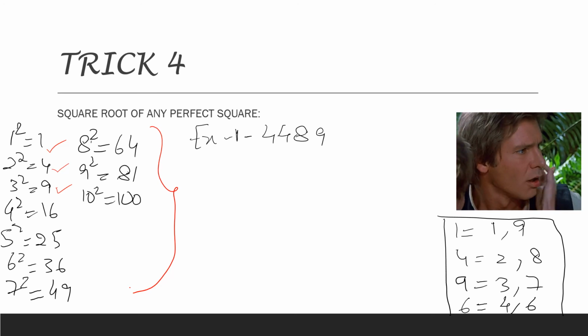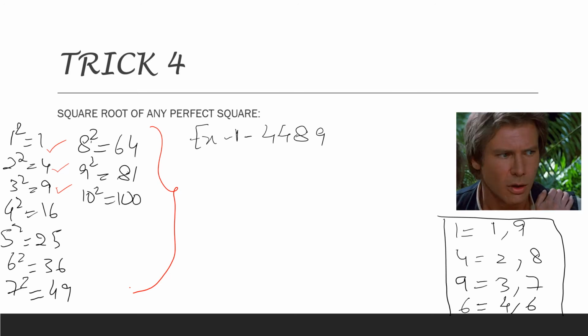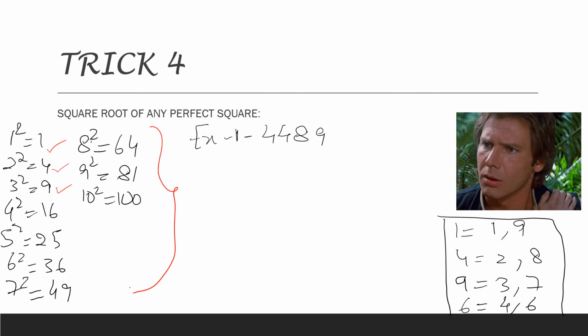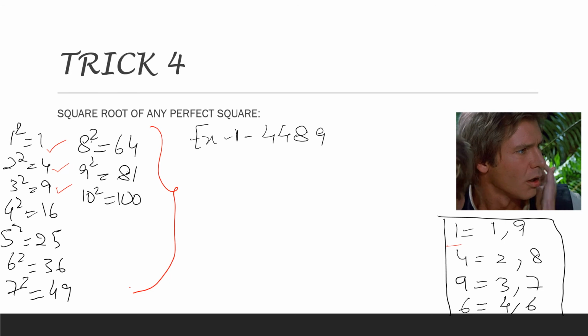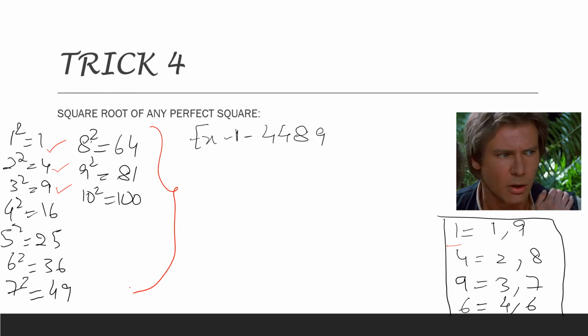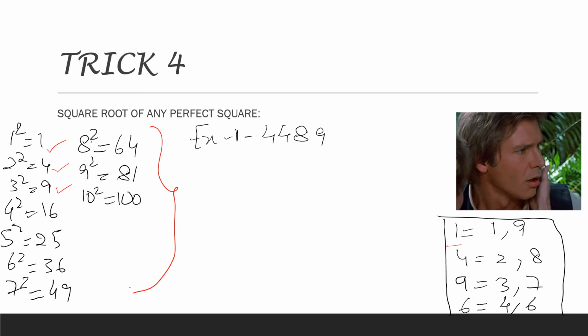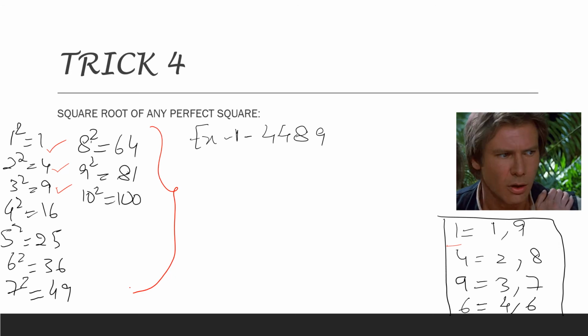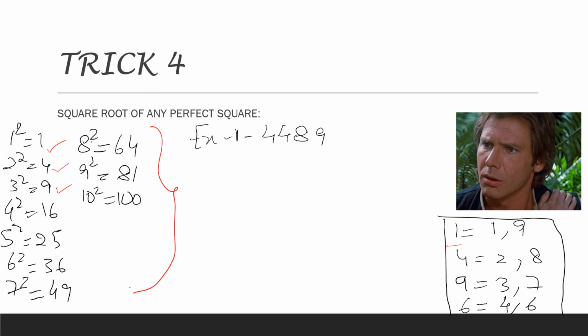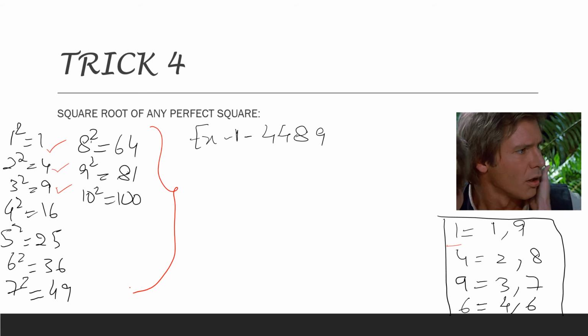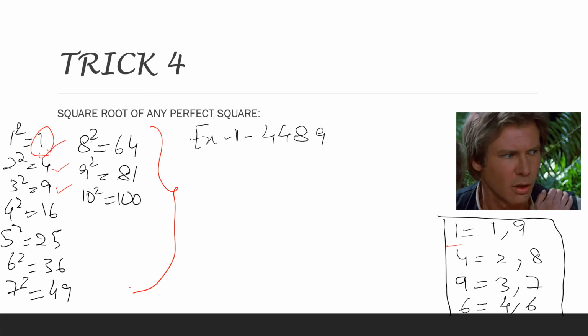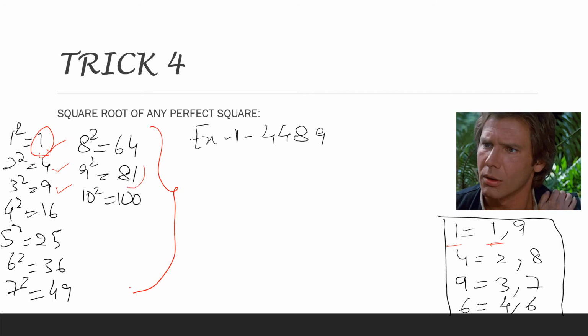The unit digit is repeated for a few of the numbers. If there is 1 in the units place, which numbers give 1 in the units place when squared? 1 is there in 1 square and in 9 square.